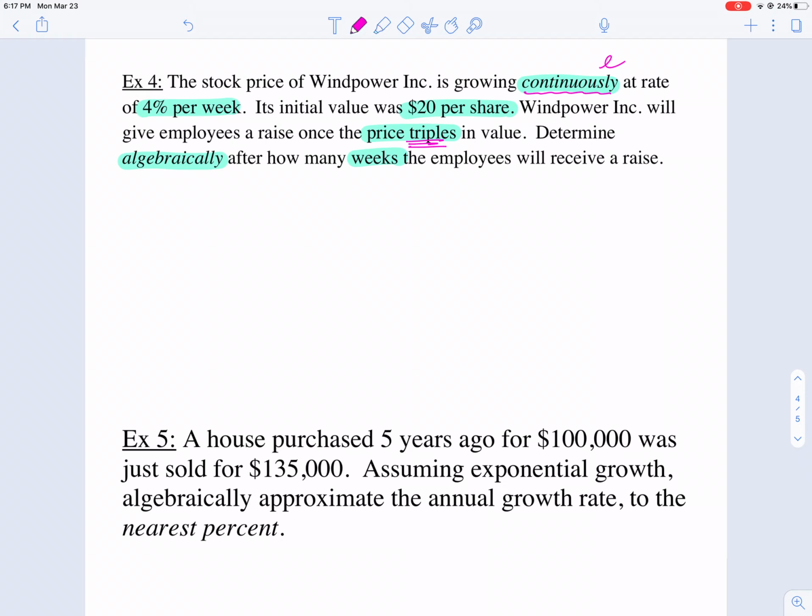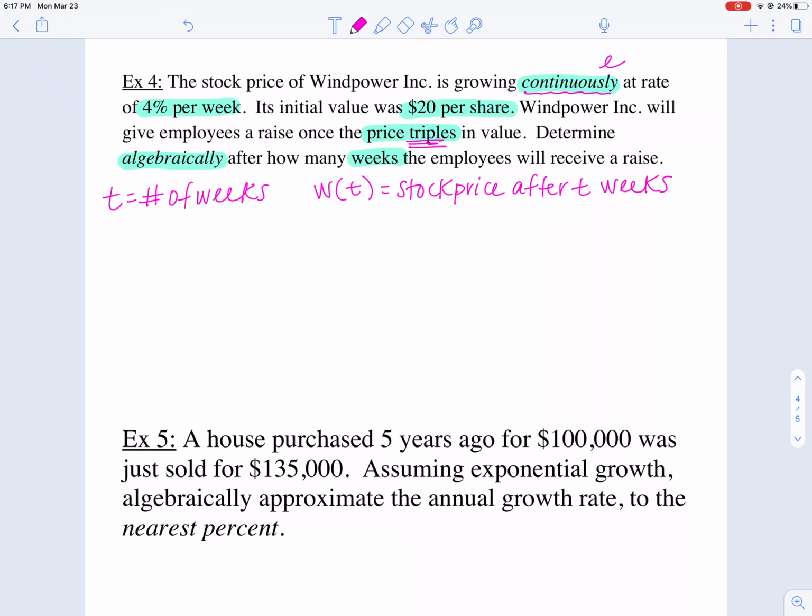All right, so there's no formula that they gave you, so I'm just going to assign a few variables. I'm going to make T equal our number of weeks. And I'm just going to call it W of T because it's Wind Power Inc. is going to be my stock price after T weeks. Okay.